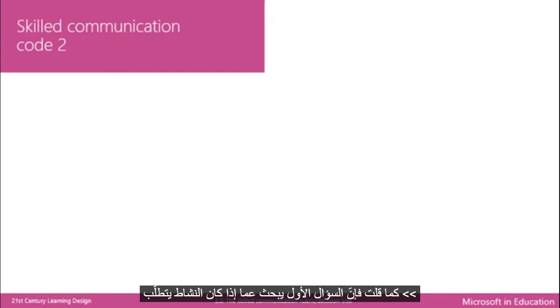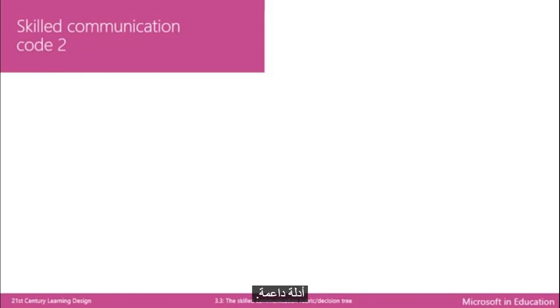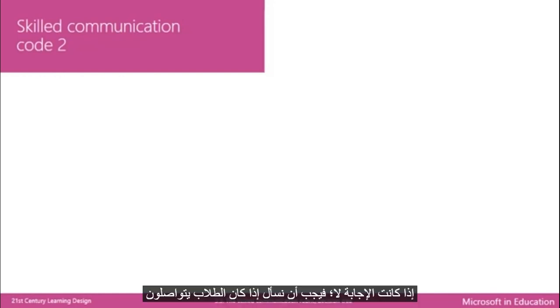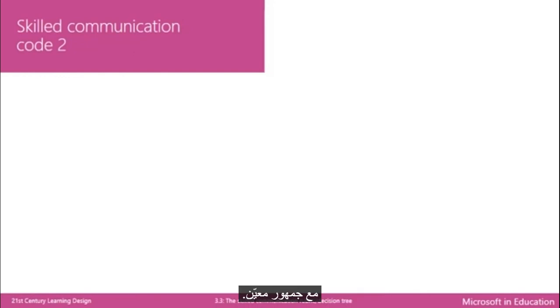As I said, the first question asks if the activity requires extended or multimodal communication. If the answer to this question is yes, students are required to produce extended communication or multimodal communication, then I must ask if the students are required to provide supporting evidence. If the answer is no, then I must ask if the students communicate to a particular audience. If the answer to this question is also no, the learning activity is coded at a 2.